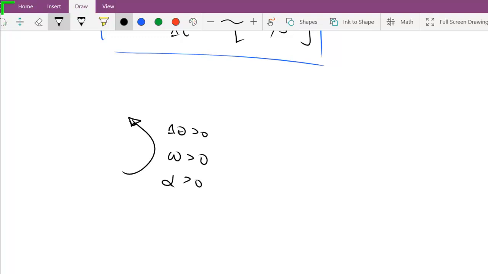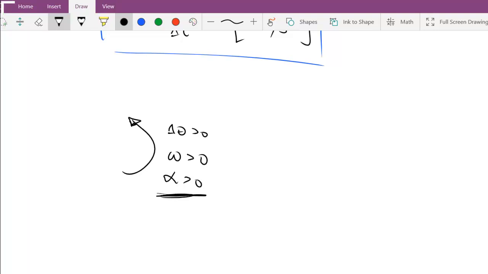And this is something speeding up. We've talked about what alpha is for something speeding up as it goes around a circle. We've talked about things going around a circle with a constant velocity or a constant speed, but now with alpha, these things can start speeding up as we go around a circle.